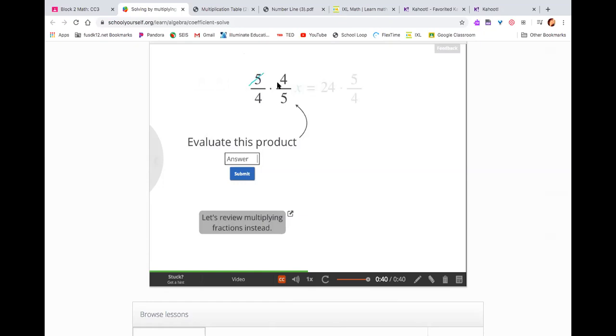All right, crossing off my 5s. Can I cross off anything else? Fours, yes, exactly. Okay, so now I cross off the 4s. And then what's my answer going to be?